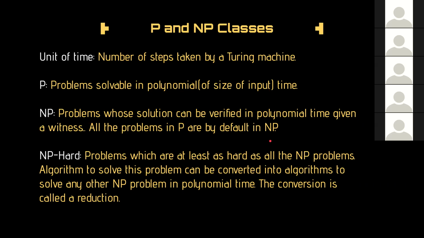A problem A is said to be harder than B if, when you solve problem A, you also sort of solve problem B. What does this mean? If you are able to take a problem and convert its algorithm into the problem B algorithm in polynomial time, this conversion is called a reduction mathematically. So if problem A can be reduced to problem B, then B is said to be harder than A.